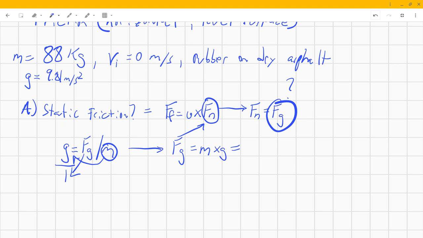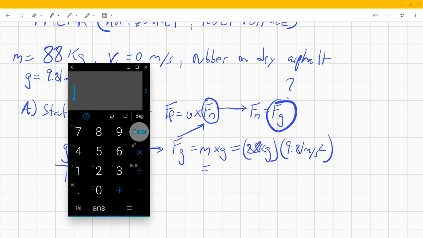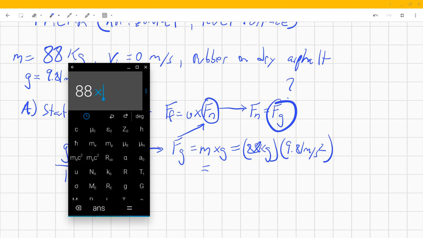So let's do it. Let's plug in. The mass of the object is 88 kilograms, and Earth's gravity is 9.81 meters per second squared. Okay, so therefore the weight of the object will be 88 times gravity, 862.99.